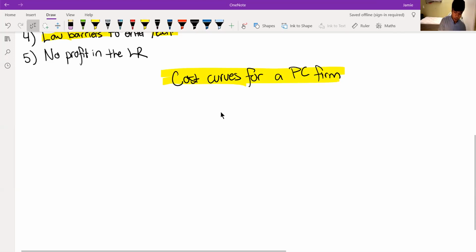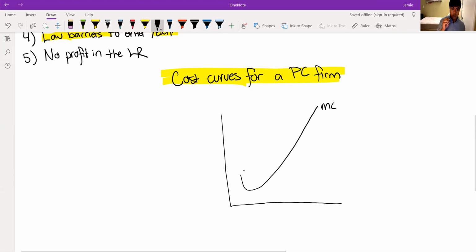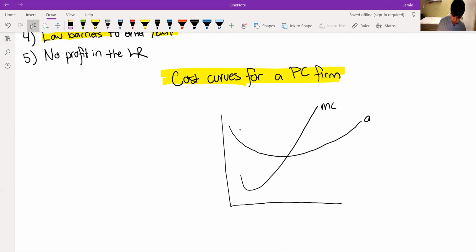Okay, nothing crazy over here. Marginal cost, upward sloping, average total cost, U shape. Again, this is short run average total cost. I like to spell it as capital ATC. Okay.